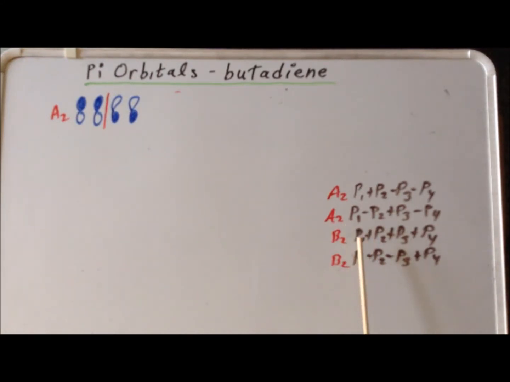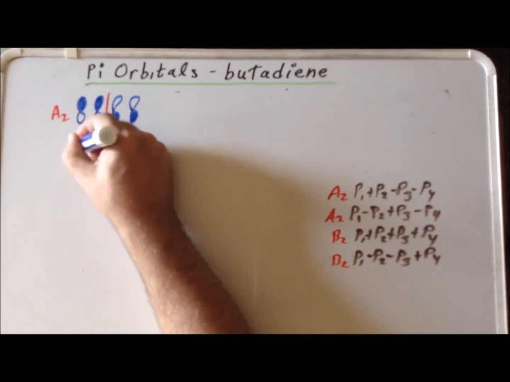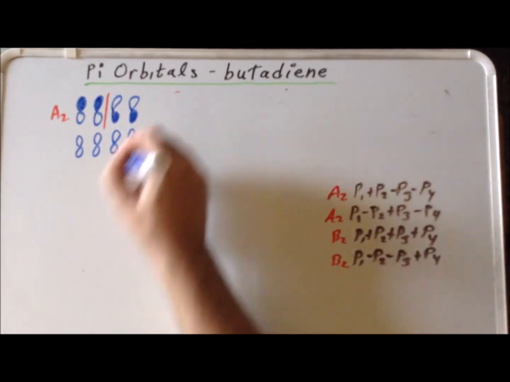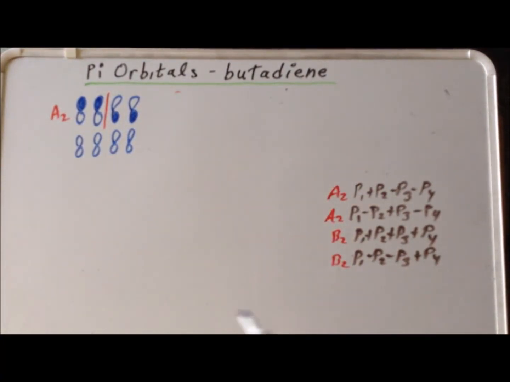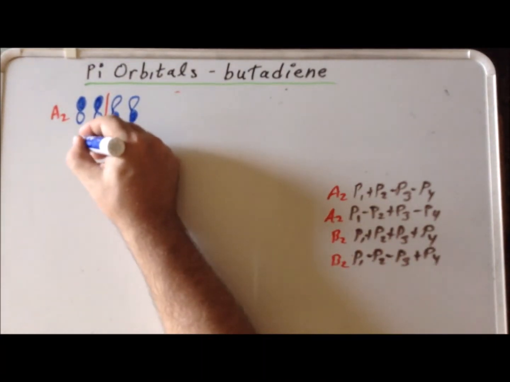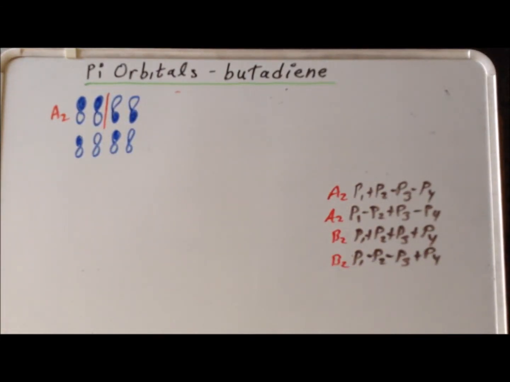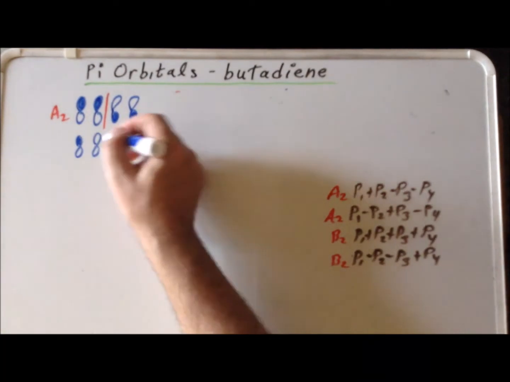Continuing, for the second A2, we have P1 minus P2 plus P3 minus P4. So again, we can sketch out our p orbitals here. So we notice that orbitals 1 and 3 have positive phase. So we'll put the filled in at the top. 2 and 4 have negative coefficients, so we'll assume them to have negative phase on top.